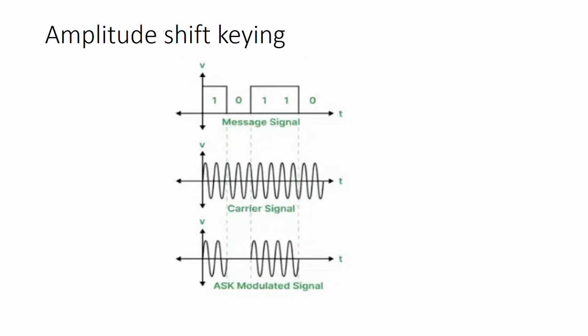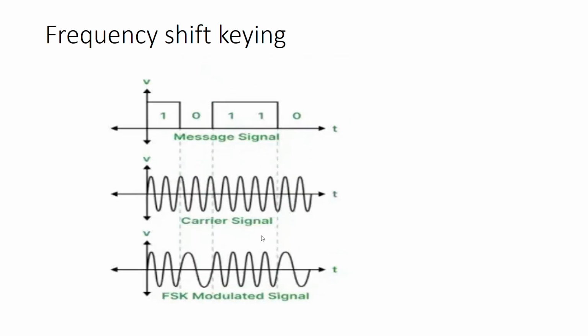And when the digital signal value is 0, the amplitude of the carrier wave is much weaker. You can see from the picture. So we go to the second point.